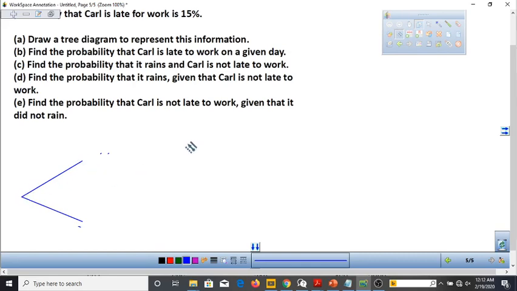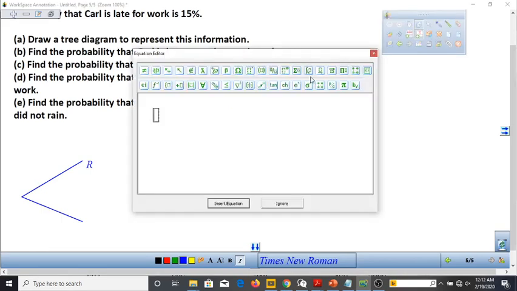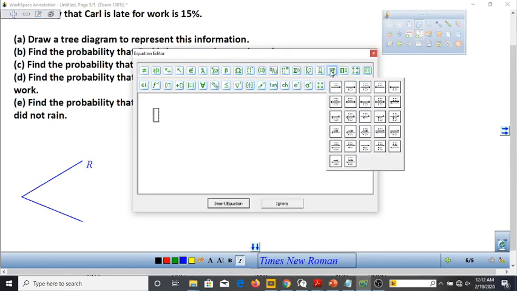And the branch that I drew here either represents it raining, so I'm going to draw a little R there for rain, or not rain. So those are the 2 possibilities. Either it rains or it's not rain. So to represent not rain, I'm going to put a little bar over the top.